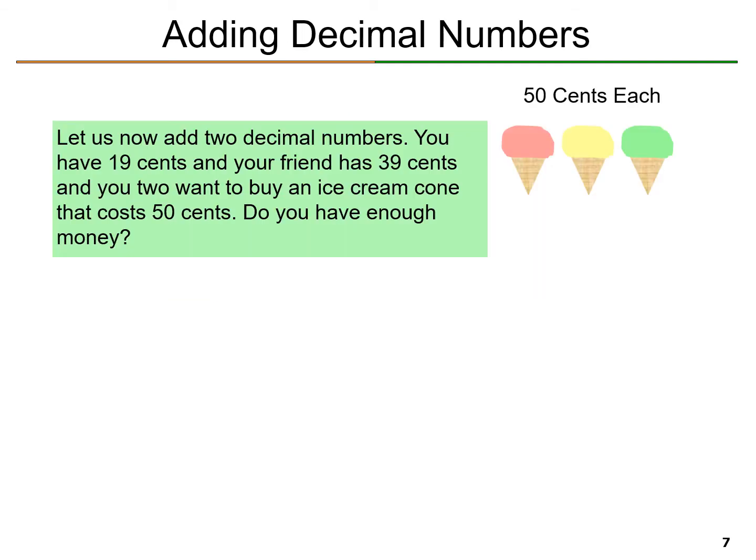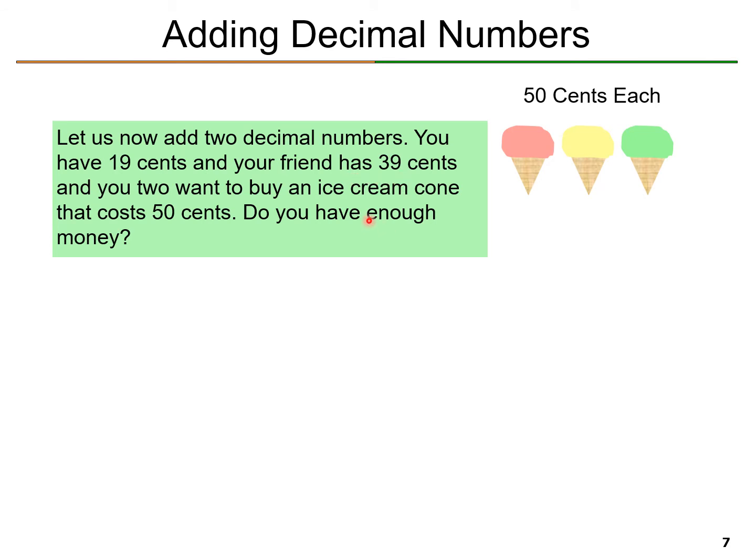Here, we're going to demonstrate adding decimal numbers. Okay, what you see here is some ice cream cones that cost 50 cents each. Let's assume that you have 19 cents and your friend has 39 cents.